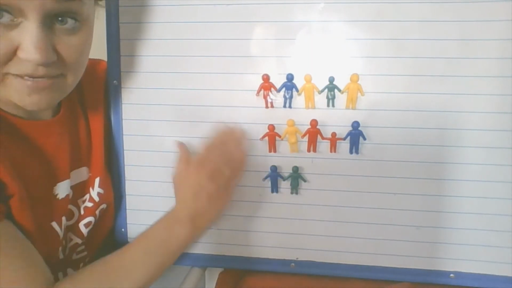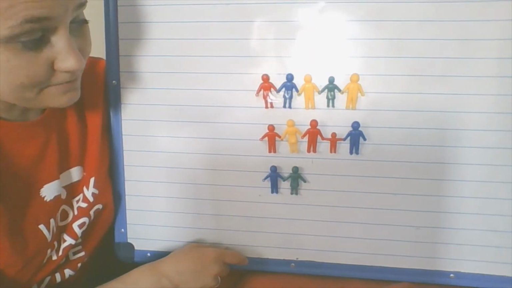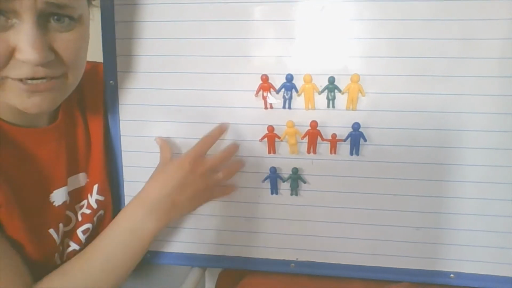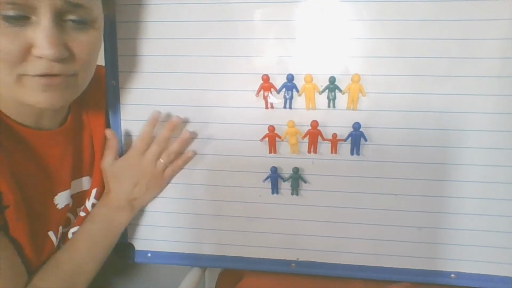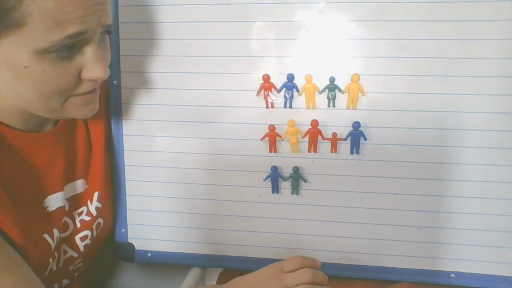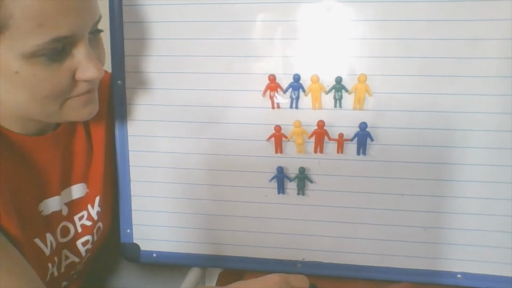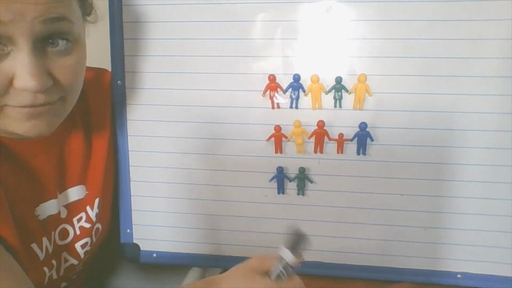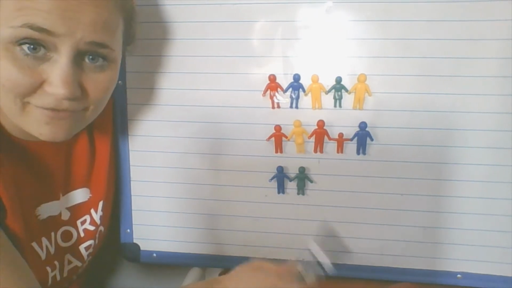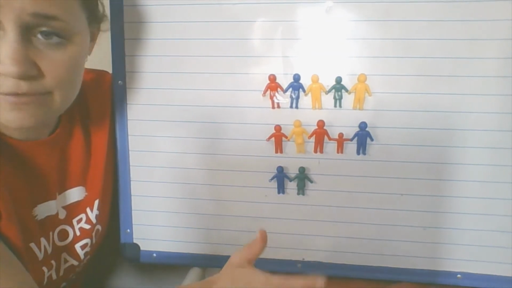There's rows of people, and sometimes you'll see a picture like this on one of your worksheets, and you'll need to figure out how many there are and figure out a way to count this quickly. So one thing that I recommend is to circle 10 first. So let's count. Count with me.